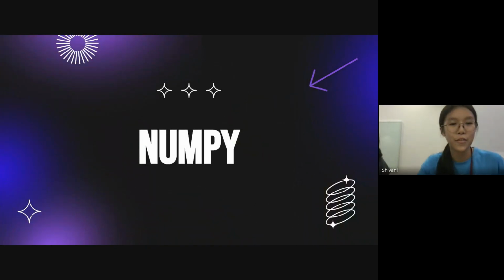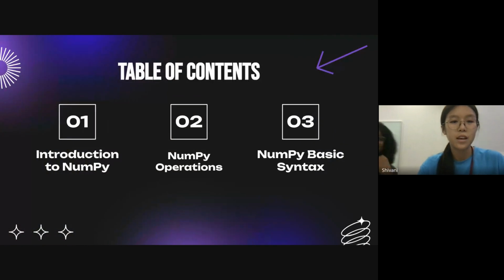We'll be starting off with NumPy first. These are the topics that we'll be covering in this workshop, ranging from more beginner-friendly items to more advanced topics. Starting off, we'll have a short introduction about NumPy and why we use it. Then we'll move on to a comparison between list and NumPy arrays to show why NumPy is more preferred.